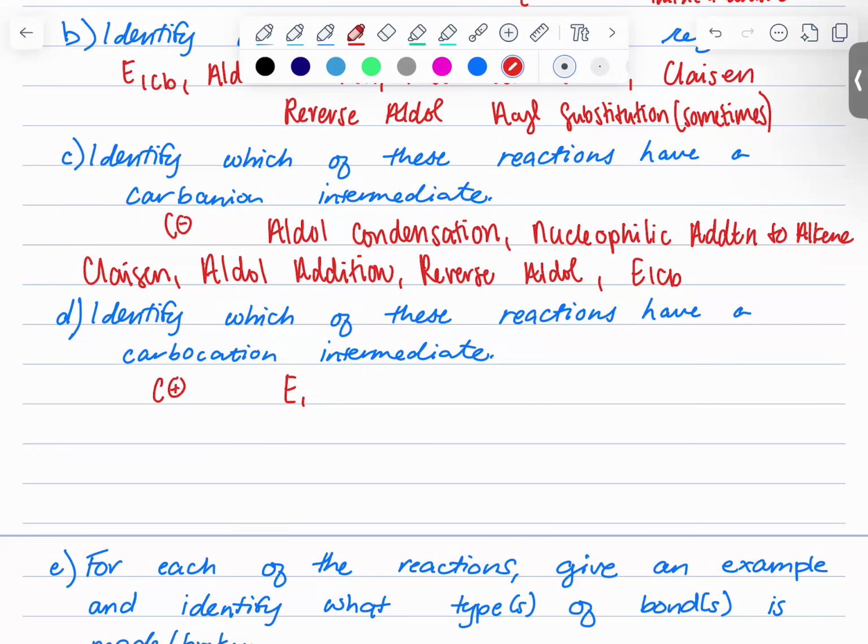What are some other reactions that we've learned that have a cation? SN1. What's up? Correct.